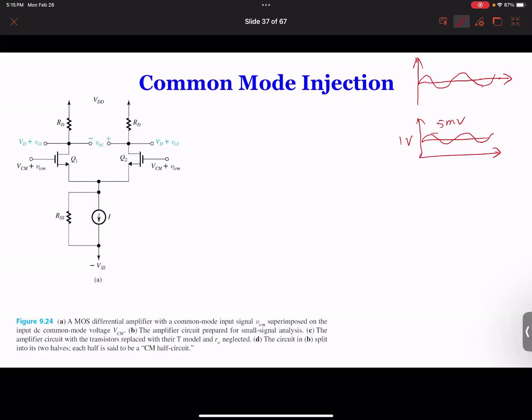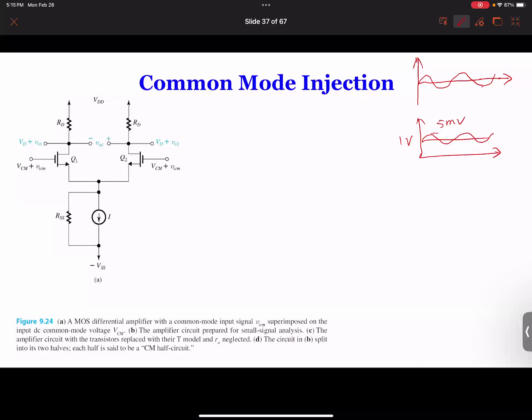But the difference between the VICM and the VID we applied last week is that VID is a differential input. It means we add half on this side and minus half on this side, so together you get VID. But for VICM, common mode means, remember, the same.